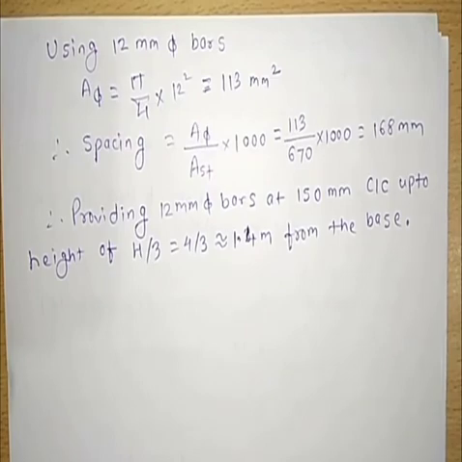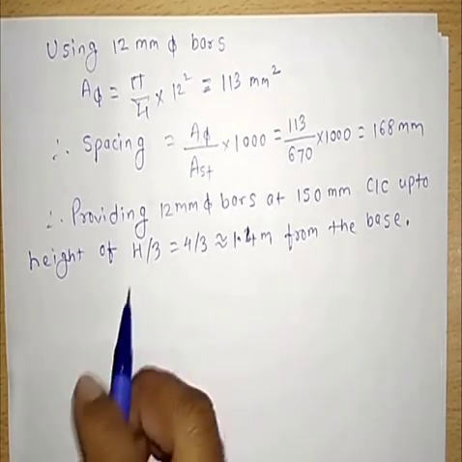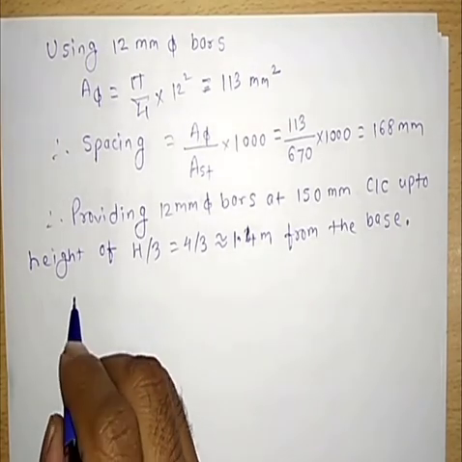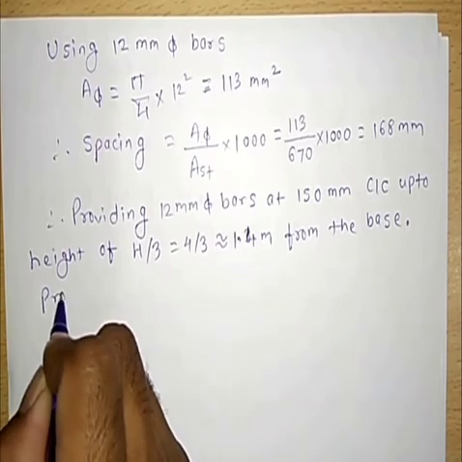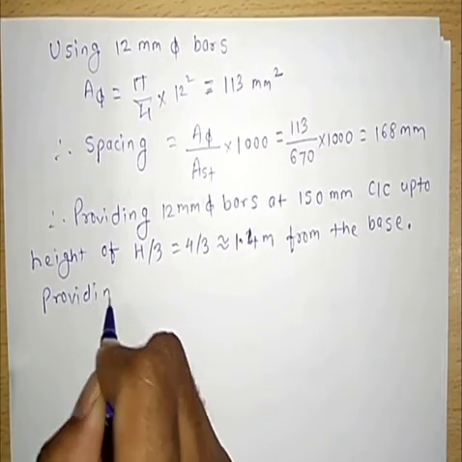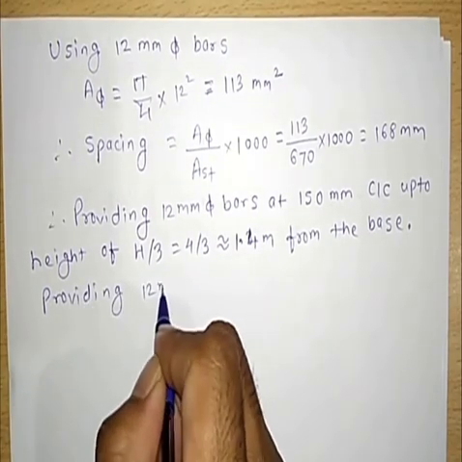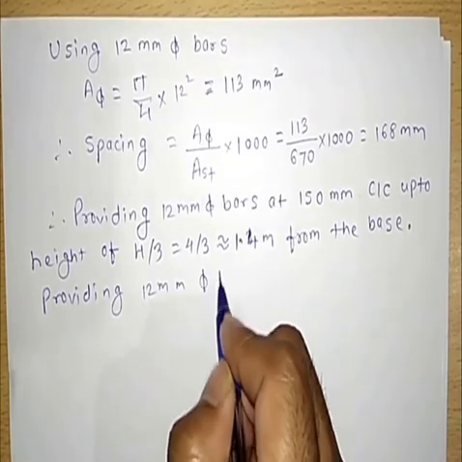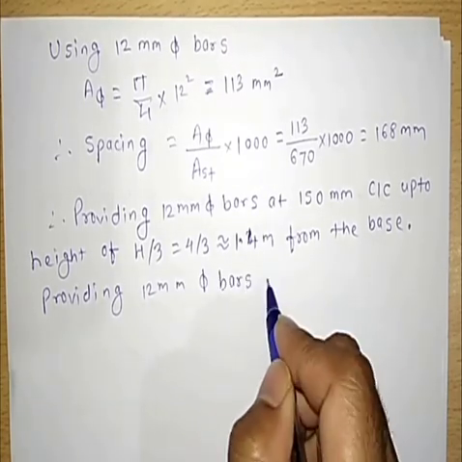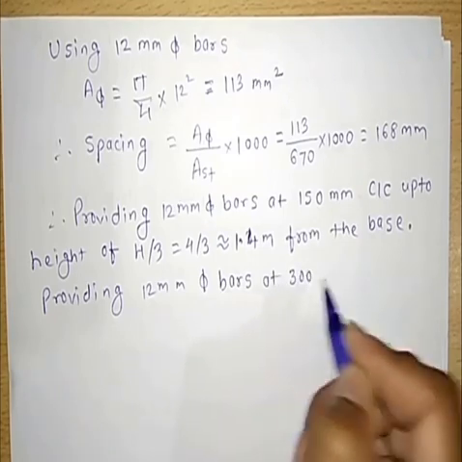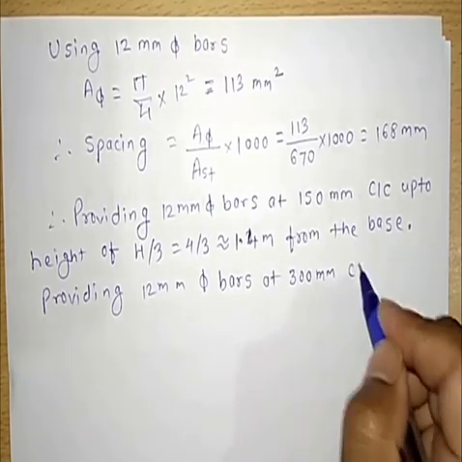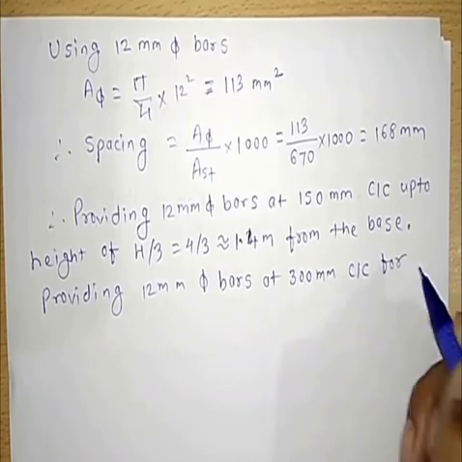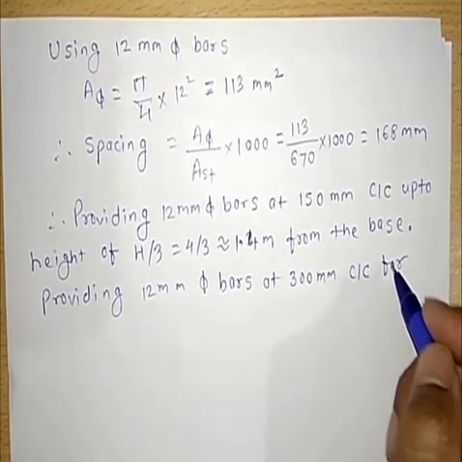And then this is 150 mm, and the rest of the bars you can provide with double spacing, which is called curtailment. So you can write down providing 12 mm diameter bars at 300 mm center to center for the remaining.